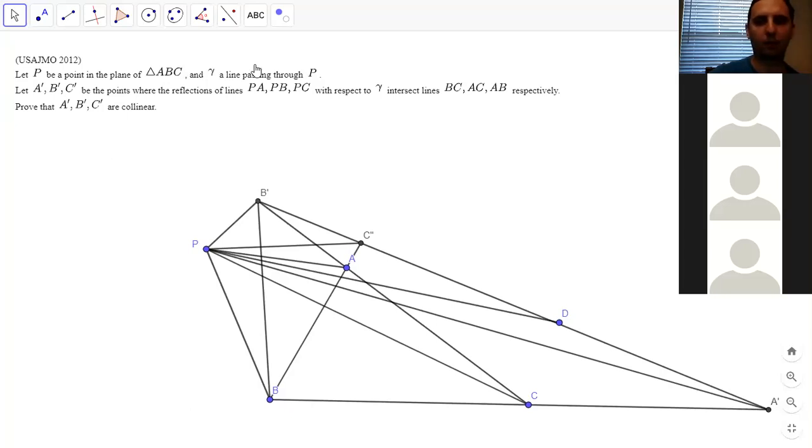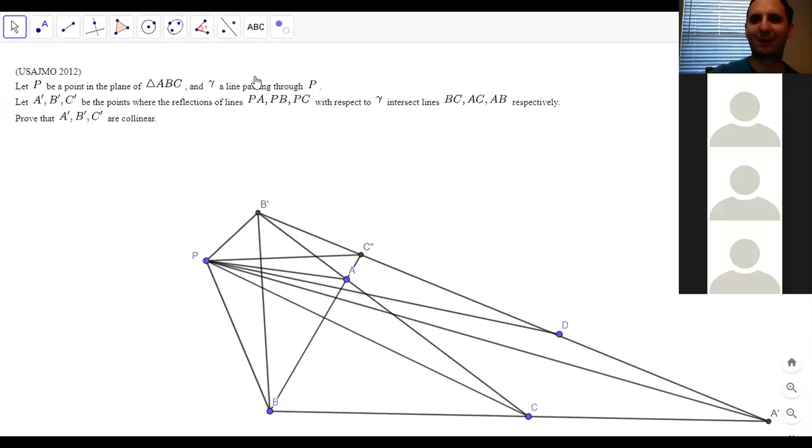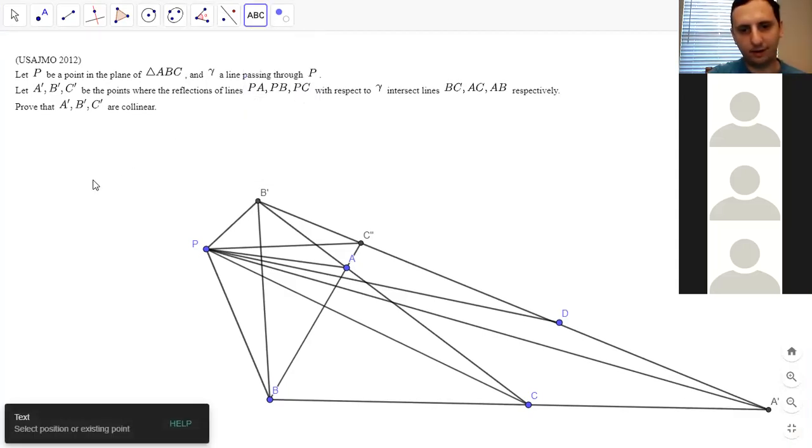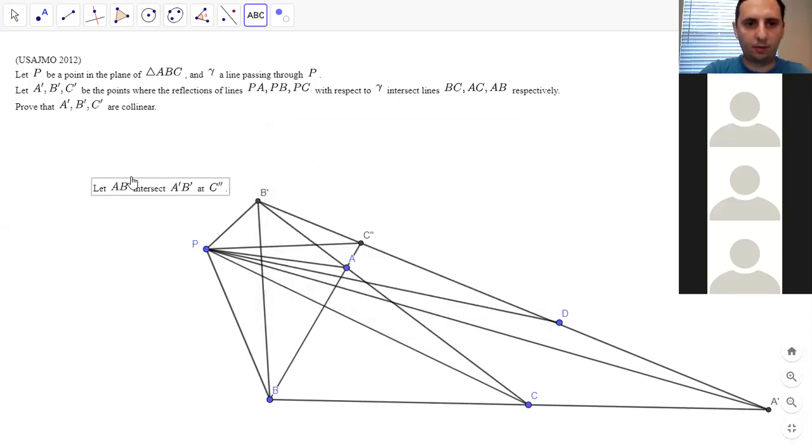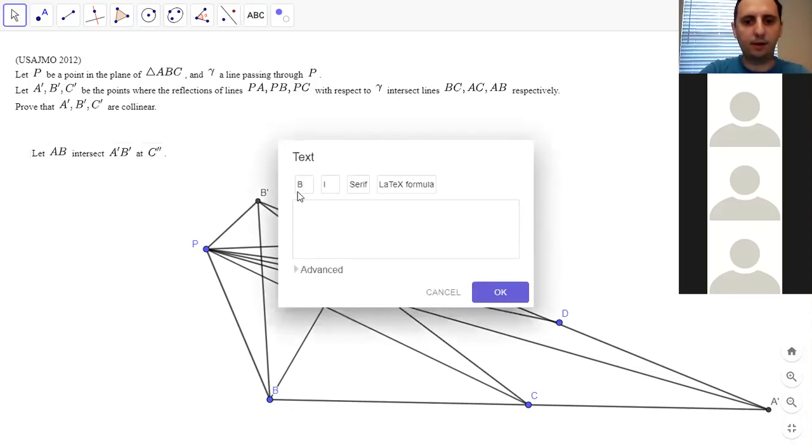All right, oh, it's too hard. So let AB intersect A prime B prime at C double prime. And then basically, we have PA and PB.